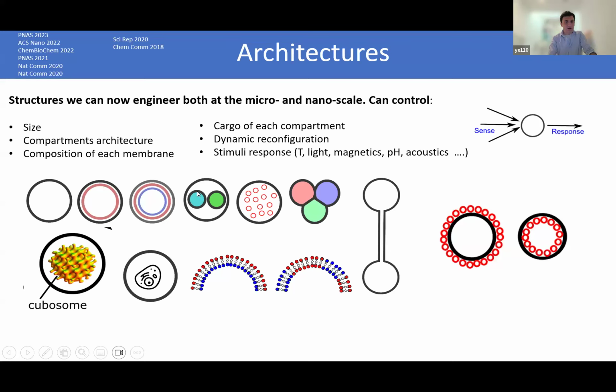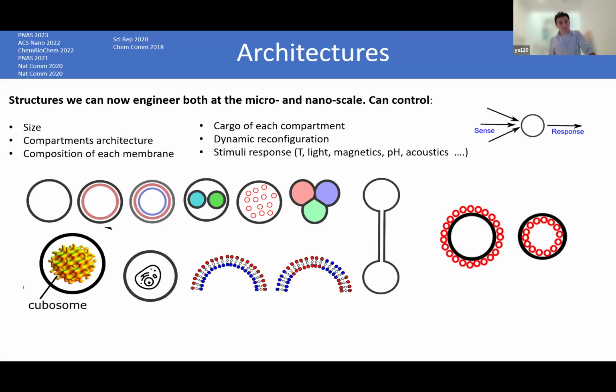We can encapsulate large compartments inside the vesicle. We can encapsulate many small compartments inside a vesicle. It's called a nested system. We can link up individual synthetic cells through double membranes, something like gap junctions. We can link up individual cells through nanotubes, and so on and so forth. And importantly, we can do that with control of all relevant features.